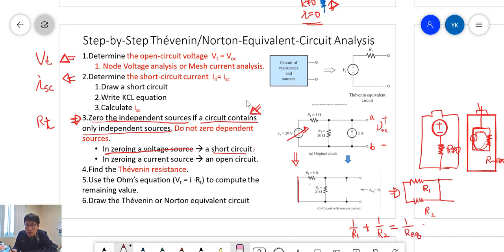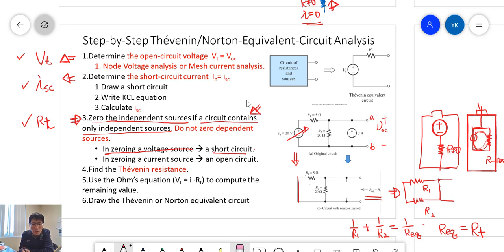So this R equivalent is the Thevenin equivalent resistance. So based on the zeroing method, you can calculate the Thevenin resistance.